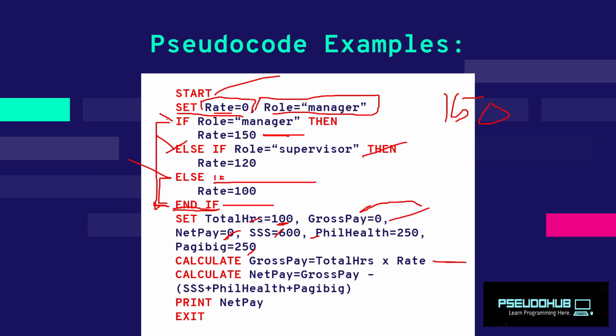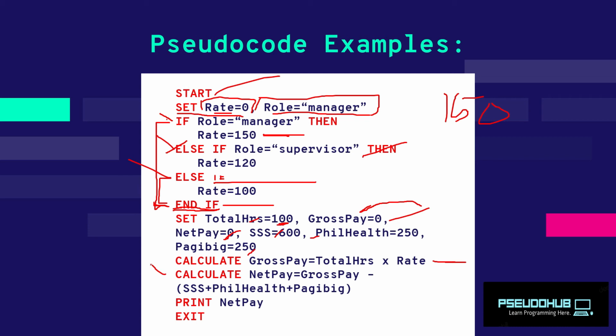So, minusan og mga deduction pag-abot sa next nga line, i-calculate na ang net pay. Sa net pay, we have gross pay, which is 15,000, minus ang PhilHealth. Pila ba ang PhilHealth? We have 250 minus 250 minus 600.